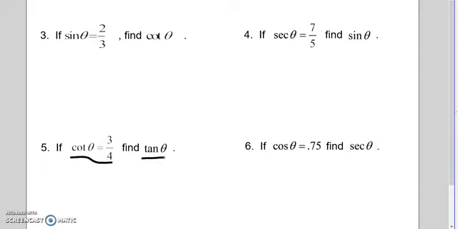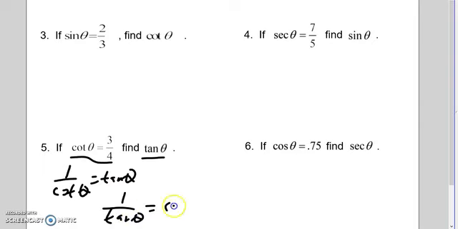So I'm not going to really draw the triangle and just going to recognize that that's a reciprocal. You could draw the triangle and see exactly what they're talking about there, but 1 over the cotangent is tangent, or 1 over the tangent is the cotangent. So they're just reciprocals. You're flipping around the numbers. So the tangent then in this case is 4/3, and we're done.